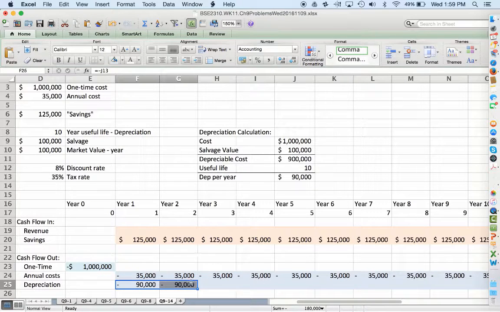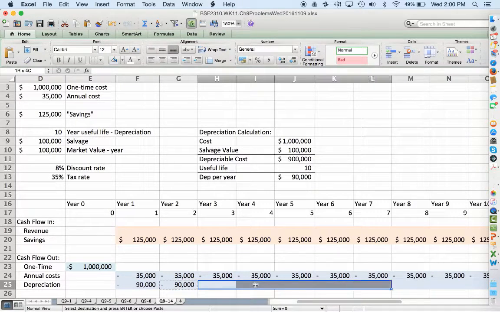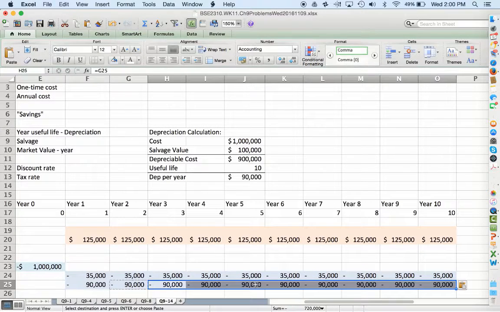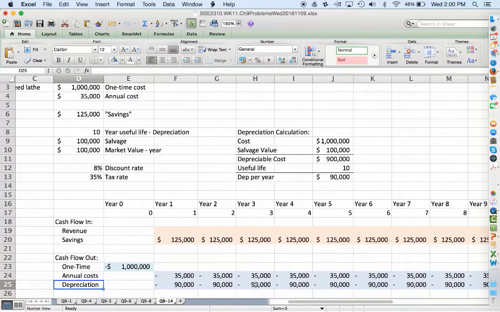Okay, now, the only other thing that I have to think about is the lathe, and it's going to be worth $100,000 at the end of its life. It's a little bit vague the way that it's stated in the problem, but because that lathe is worth $100,000 by year 10, I could probably sell it.